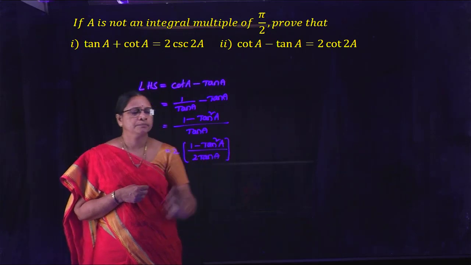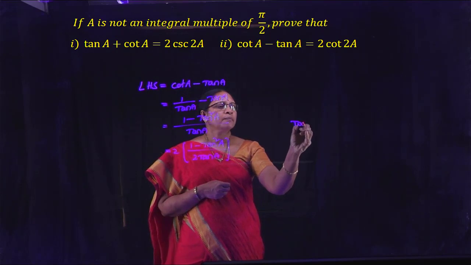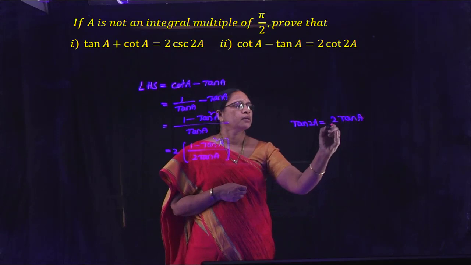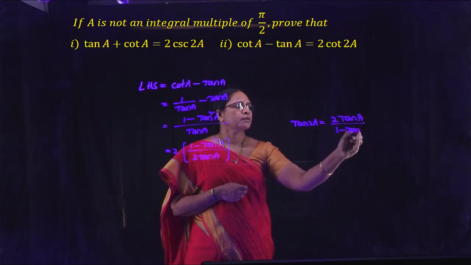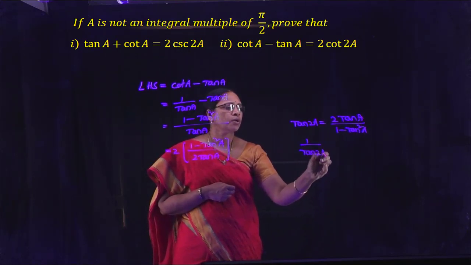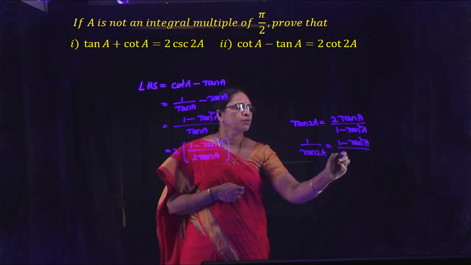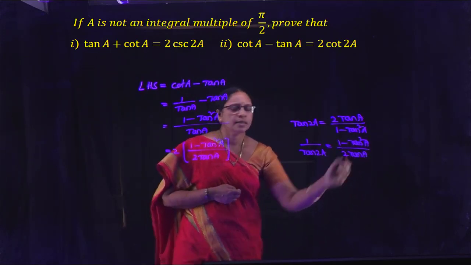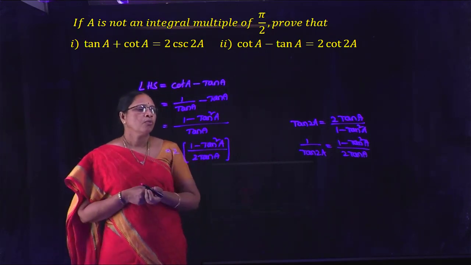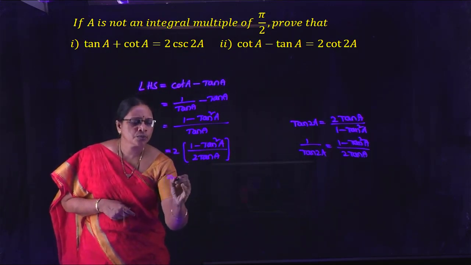We know the formula for tan 2A. Tan 2A is 2 tan A by 1 minus tan square A. Here 1 by tan 2A is equal to 1 minus tan square A by 2 tan A. Here in this problem it is in the form 1 minus tan square A by 2 tan A, that is 1 by tan 2A.